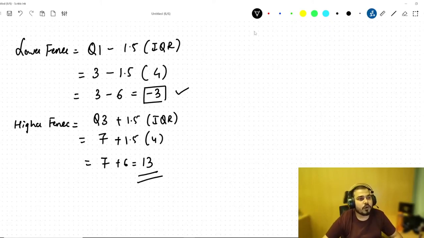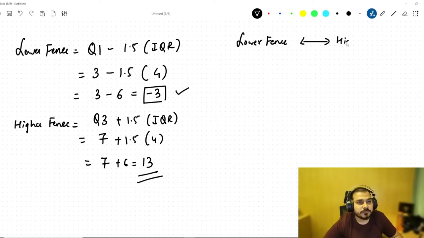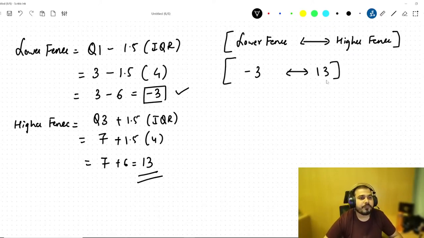So my lower fence to higher fence range is between minus 3 to plus 13.